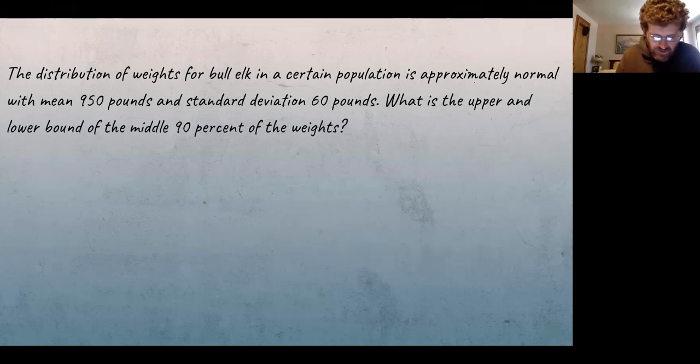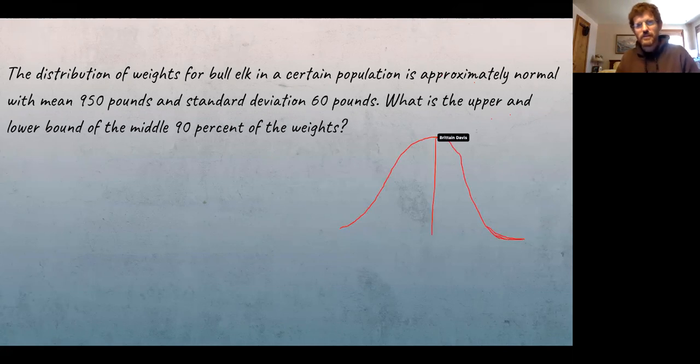Let's model this question and figure it out. Really what's going on here is we've got, of course, 100% of all the cases underneath our normal curve, but we're only looking for the middle 90%. Here's the 50th percentile right here.